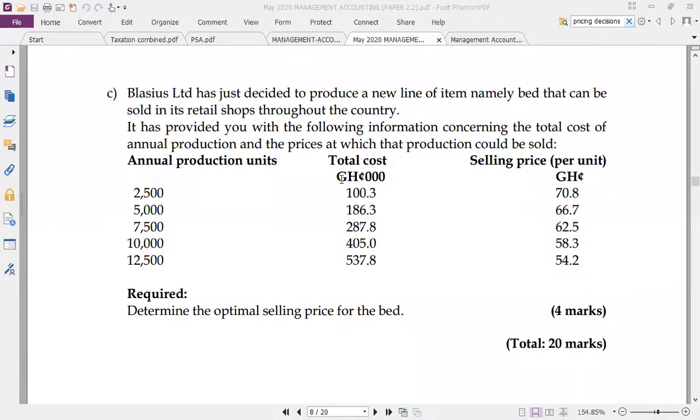So in this question, you're given three items. Can you arrange it like this? You're given the quantity, annual production units, total cost and selling price. So let's find the total cost here. Let's find the total revenue and find the difference. That's all.